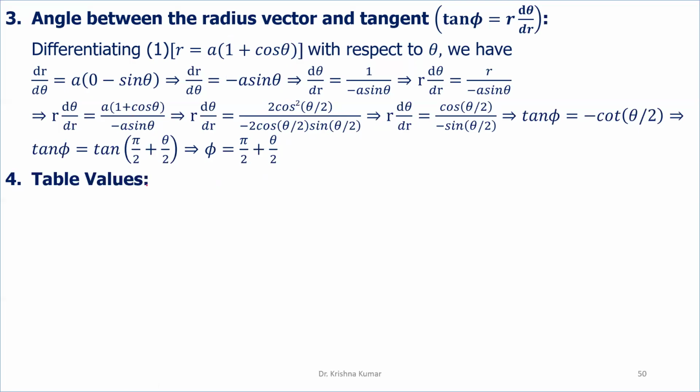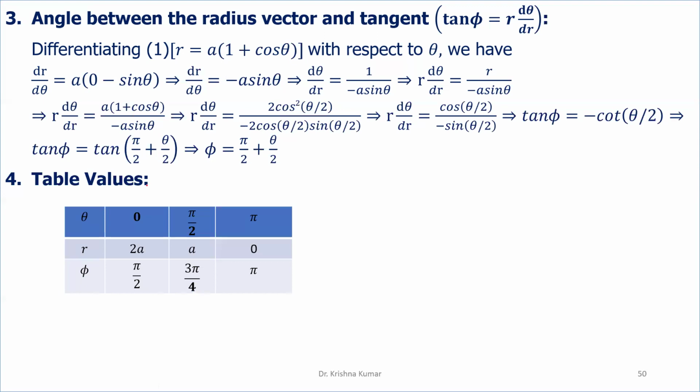Let us try to find some table values here. Now, we have the given curve r equal to a times of 1 plus cos theta. If you put theta equal to 0, cos 0 is 1, so r equal to 2a. And here phi is pi by 2.